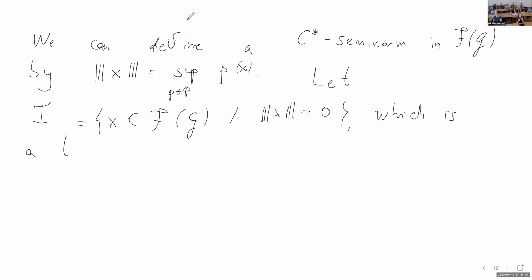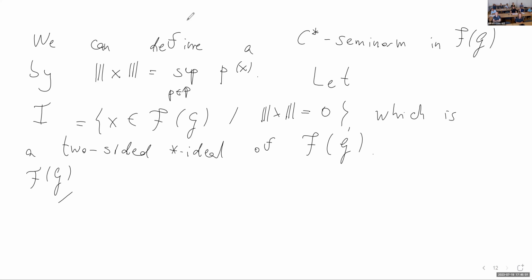More precisely, it's a two-sided ideal, two-sided self-adjoint star ideal. Then the quotient is a star algebra.